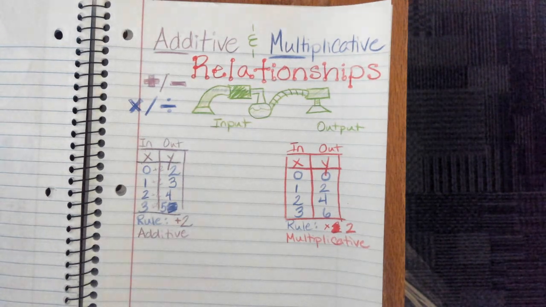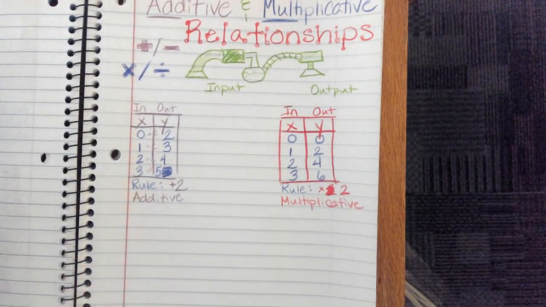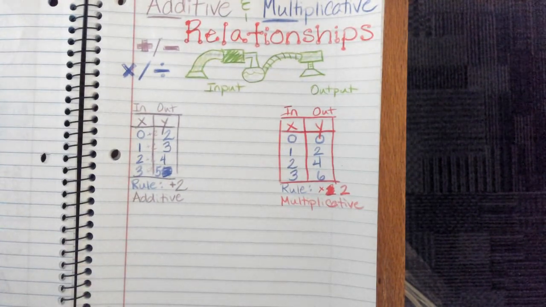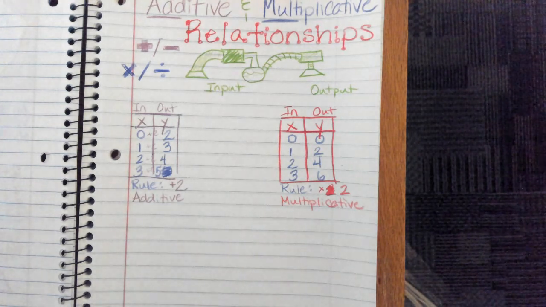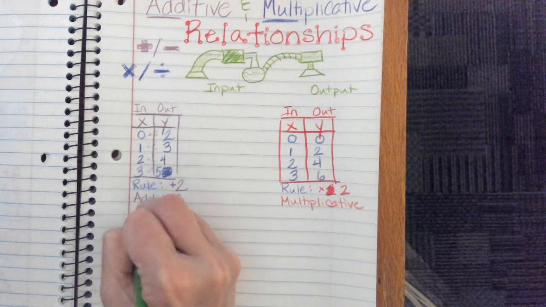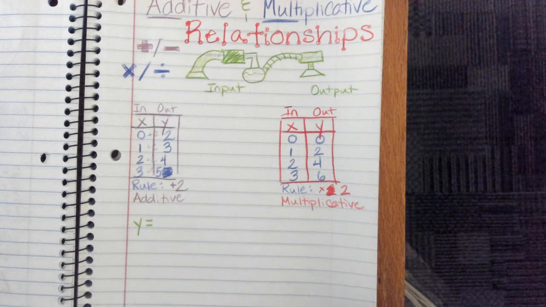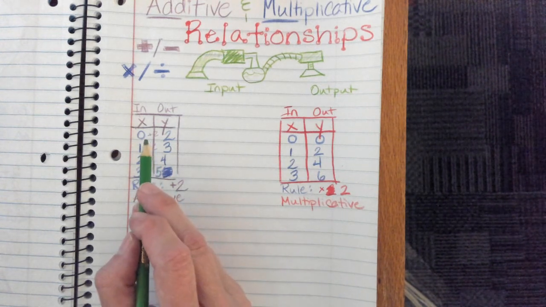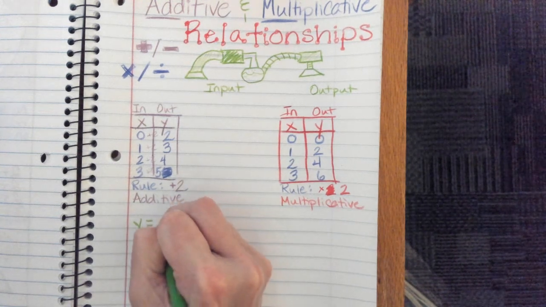Now, here's where we connect it back to the idea of an equation. We just talked about writing equations. And when you write an equation, you say that y equals, and this is where whatever my x was, what did I do here?